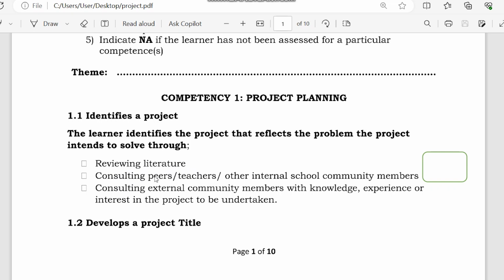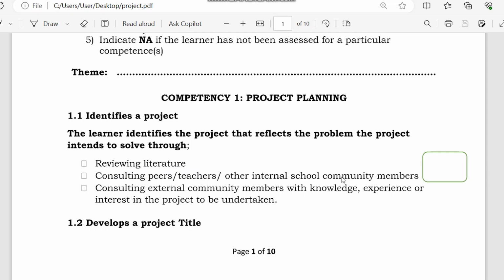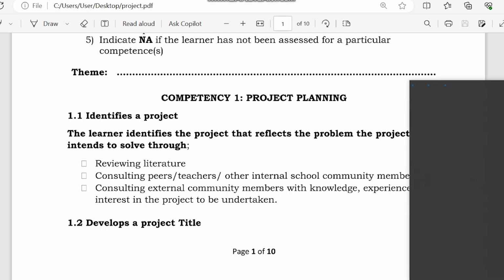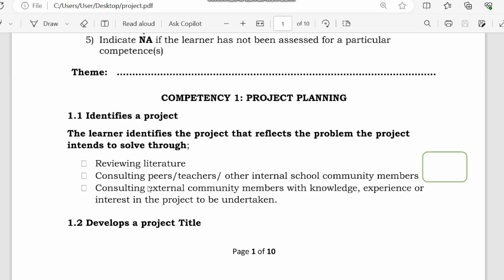The learner may decide to consult peers, teachers, or other internal school community. And then the learner may also decide to consult external community members with the knowledge, experience, and interest in that area. So if the learner did one of these, then you check this accordingly. If the learner did all or 2 of these, you check this.